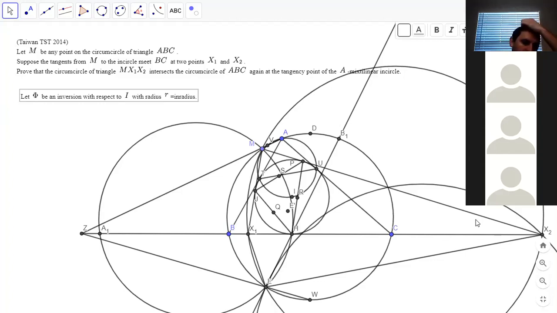So yeah, it's well known that E, H, and B1 are collinear if E is the mixtilinear point. Okay, so EHA1M is cyclic.